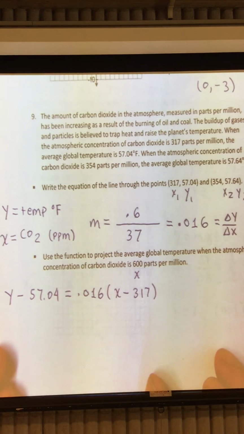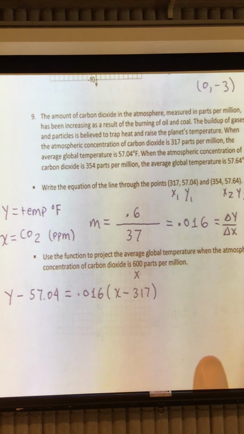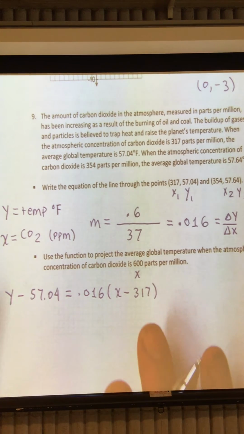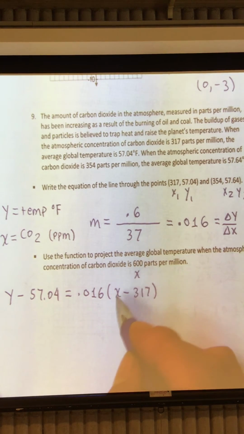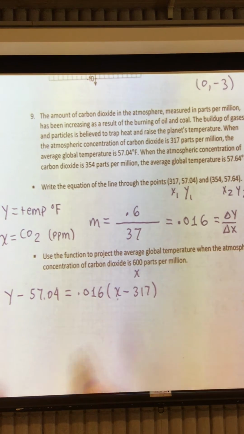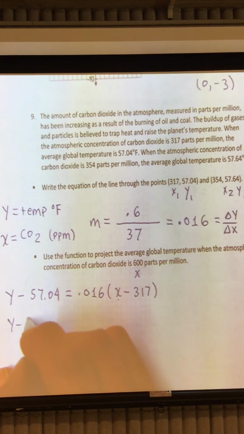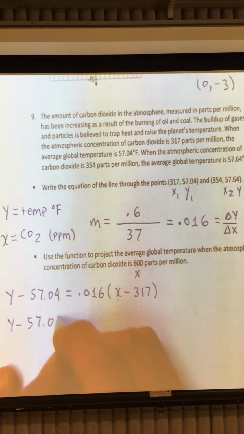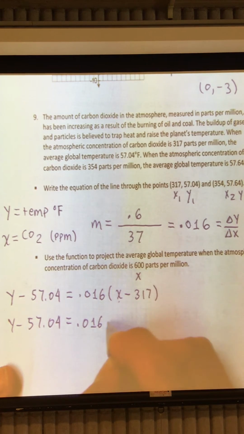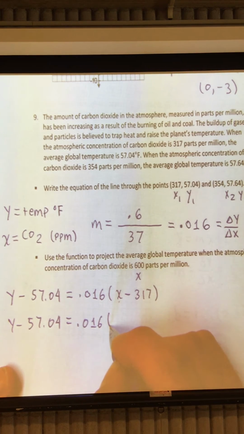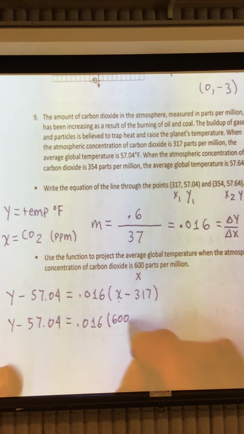Okay. Now, since we're asked to project the y value where we know the x value, let's not simplify this, but instead immediately substitute x is 600 right in here, and then we will simplify. So y minus 57.04 is equal to 0.016 times x, x is 600 minus 317.